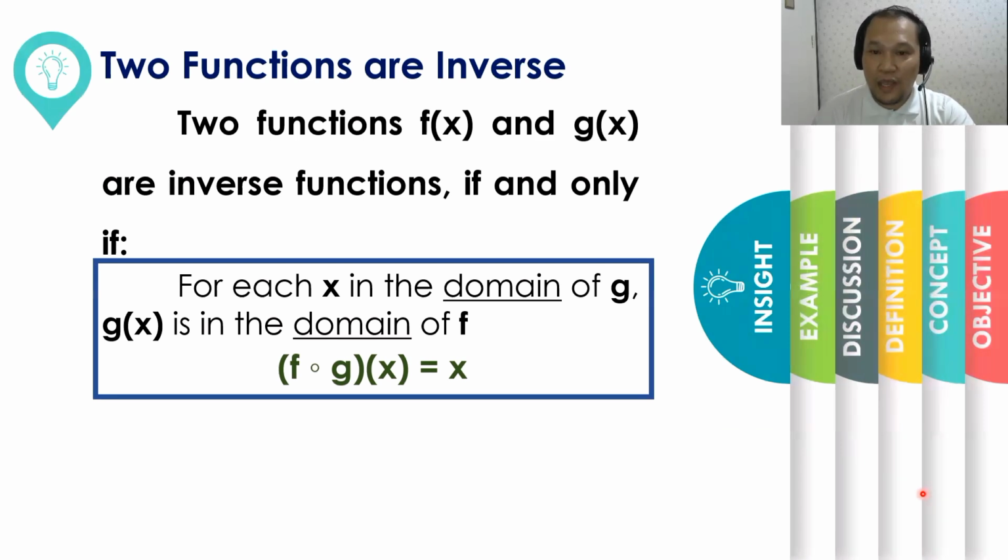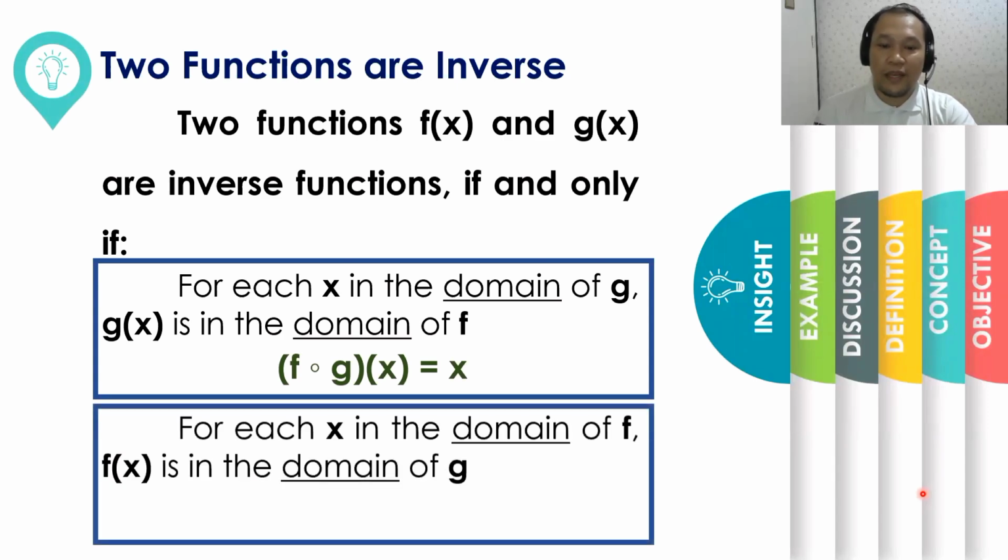That is how we prove that the given two functions are inverses of each other. Or for each x in the domain of f, f of x is in the domain of g. That is, g composite f is equal to x.